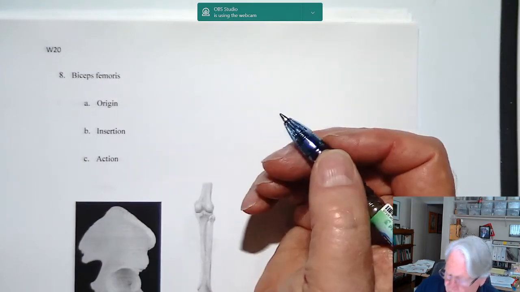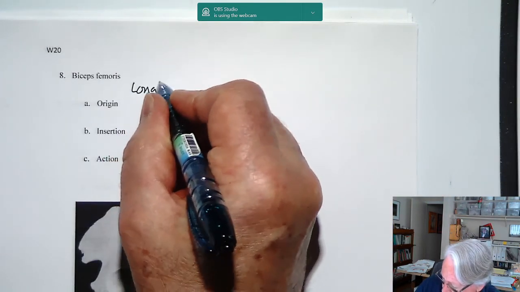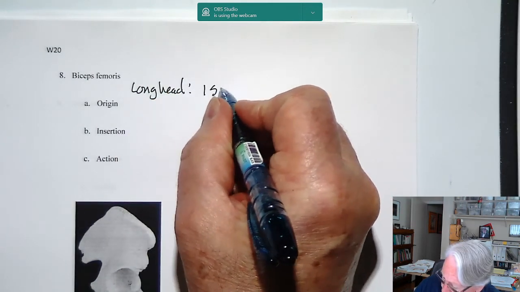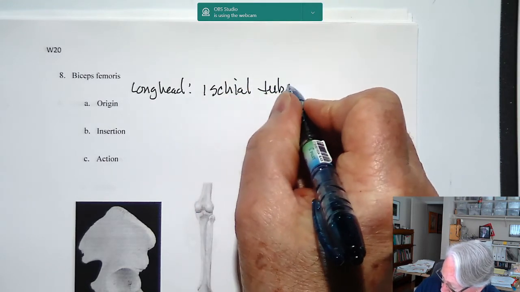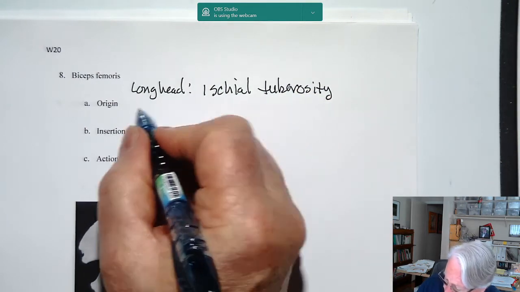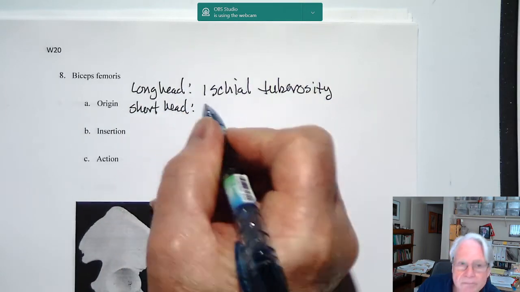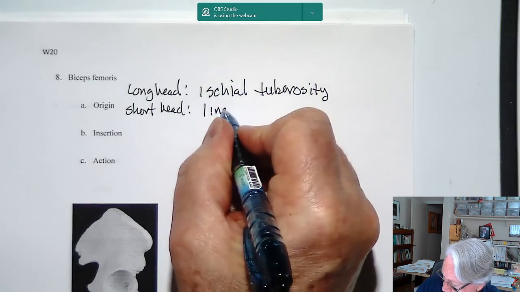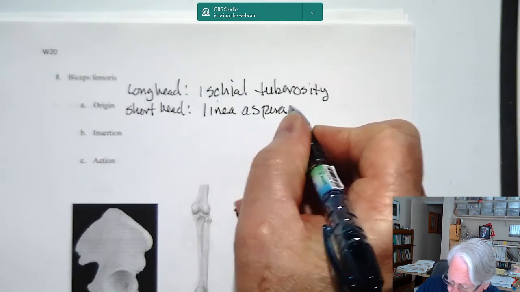And here we have 2 origins. So we're going to have the long head, and this will be the ischial tuberosity. And we're going to have a short head, and this will be the linea aspera of the femur.